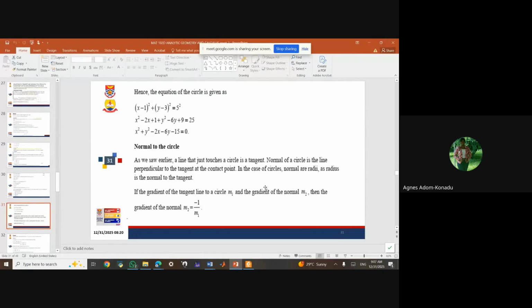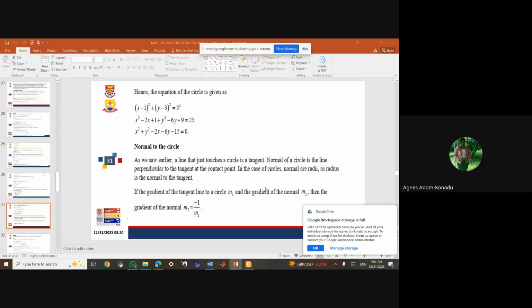As we saw earlier, a line that touches a circle is a tangent. The normal of a curve is the line perpendicular to the tangent. So a line which is perpendicular to the tangent is a normal to the curve at the contact point. In the case of circles, normals are radii, as the radius is the normal to the tangent.